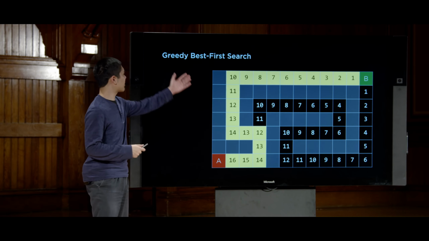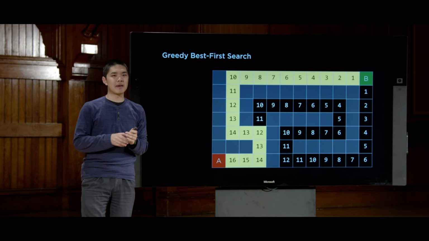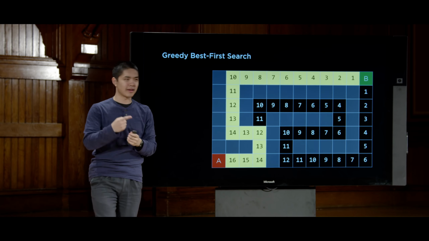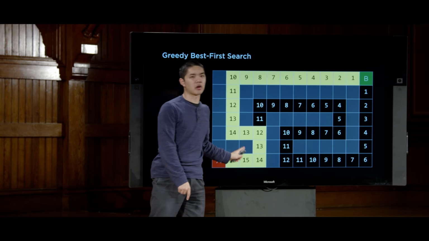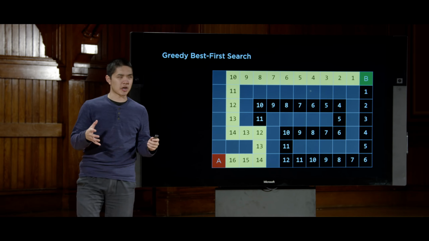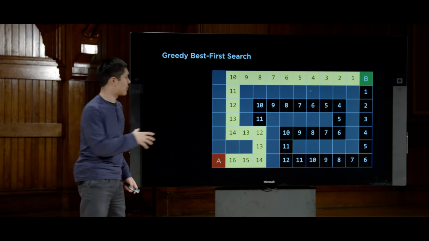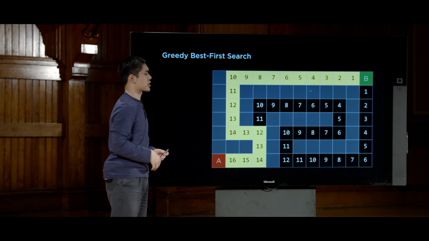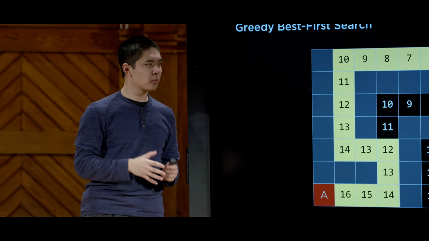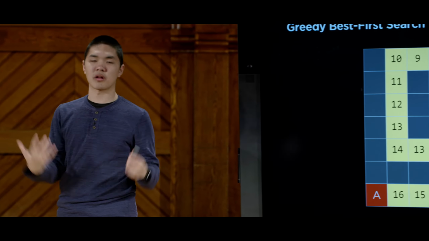And so this is what we mean by this is a greedy algorithm. It's making the best decision locally. At this decision point, it looks like it's better to go here than it is to go to the 13. But in the big picture, it's not necessarily optimal. It might find a solution when in actuality there was a better solution available.